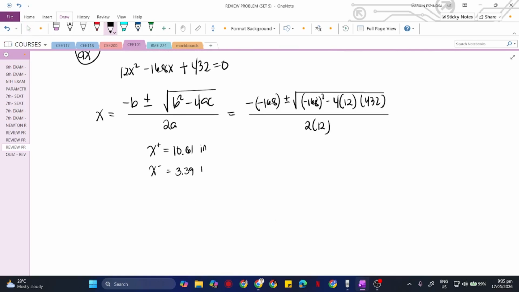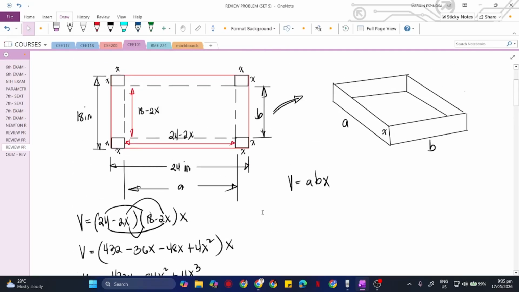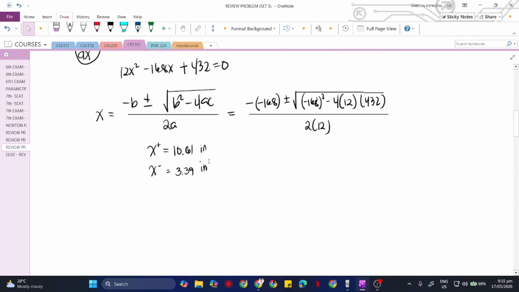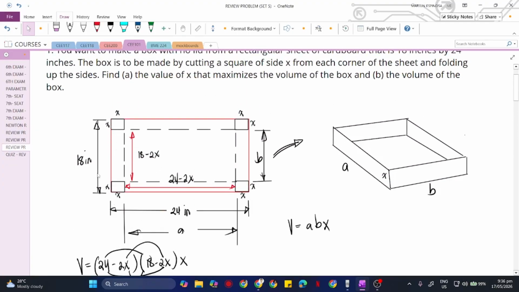So let us check. Since there are two possible values, which among these two values is the most plausible value of x? For me, the 10 is impossible, because as you can see, that is very close to the length of one side.